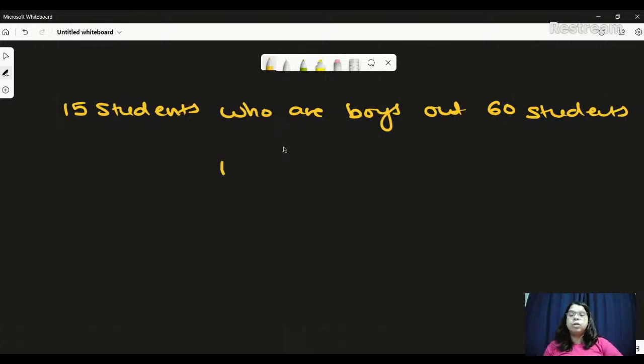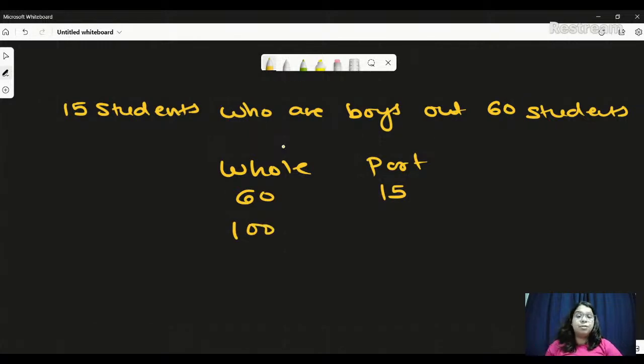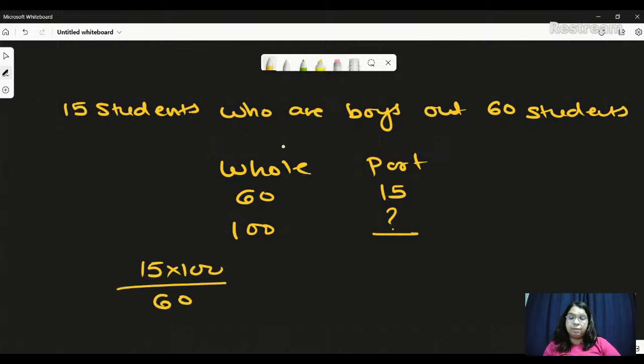Okay, so let's say my whole and my part, you can write it this way also. So my whole is 60 and my part is 15. So what will happen when my whole is 100 and what part will I get? So my answer is going to be 15 times 100 over 60. That is equal to 25%. If you calculate, you will get 25%.